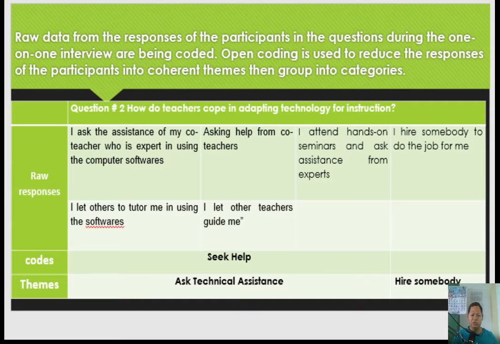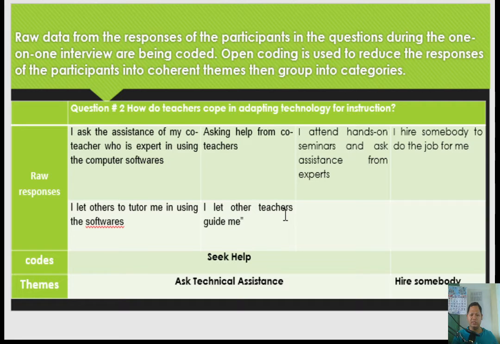Another, in question number 2, this is again a research question, number 2 based on my study: how do teachers cope in adapting technology for instruction? These are the raw responses. I asked the assistance of my co-teacher who is an expert in using computer software. Then I let others tutor me in using the software.